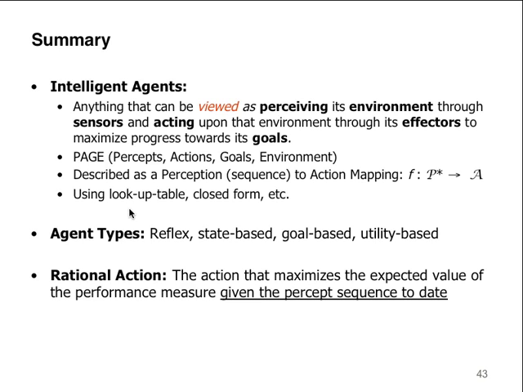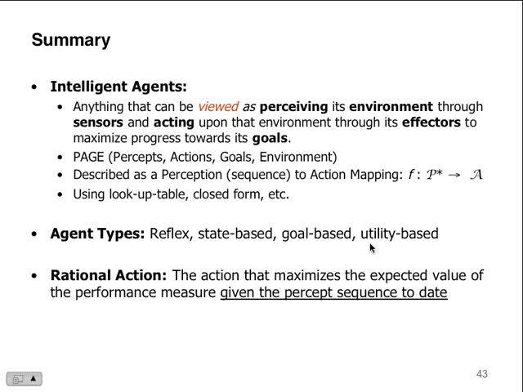You have to add your criteria to define your environment so you can design your agent to work in that environment, because agent behavior is very environment dependent. And we can use a lookup table or a closed form or some sort of an algorithmic approach to deciding how the agents are going to work with each other, which is our underlying algorithm that we're going to use. And here's our agent types: reflective, state-based, goal-based, utility-based, reactive-based, and reflex-based are pretty much the same.